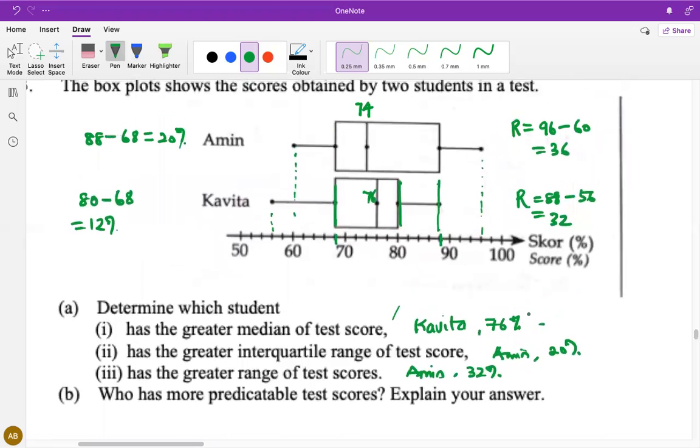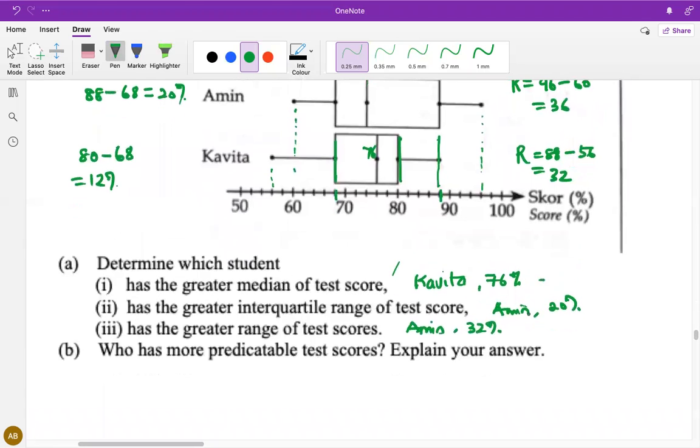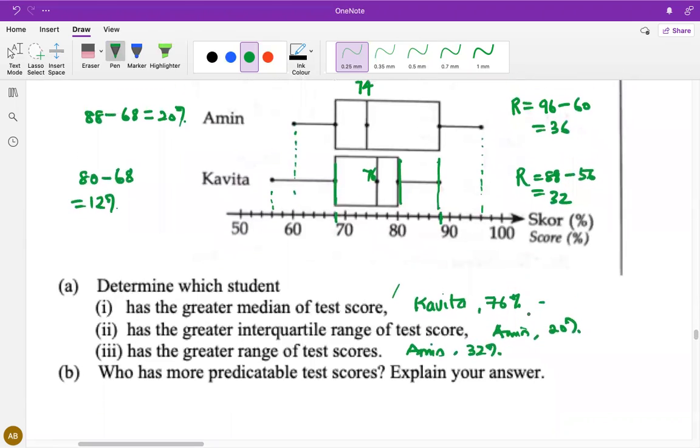So who has more predictable test score? Right. So who has a more predictable? So you can see here 50% of the score you can predict here. You can see the smaller range. So who is predictable? So Kavita.